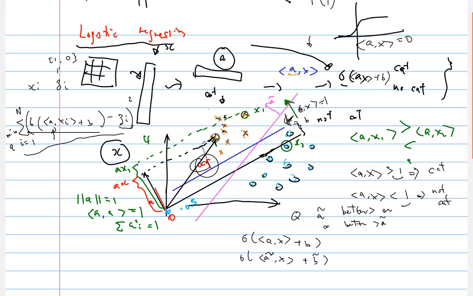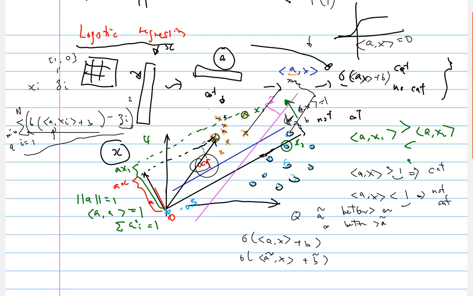I call this margin, for example for A tutor, something like that: the maximum distance, or the gap, between the two sets of data points for that particular A. So for A tutor, the gap will be this big, right?